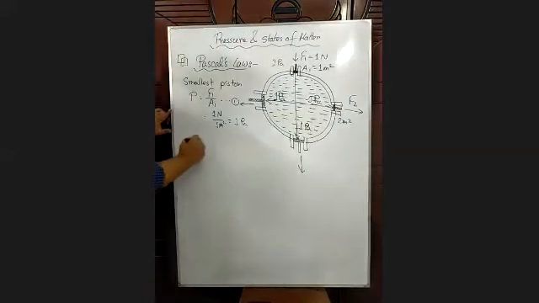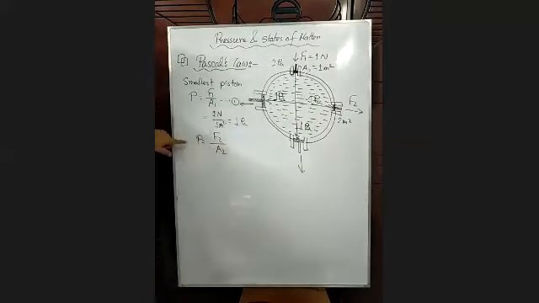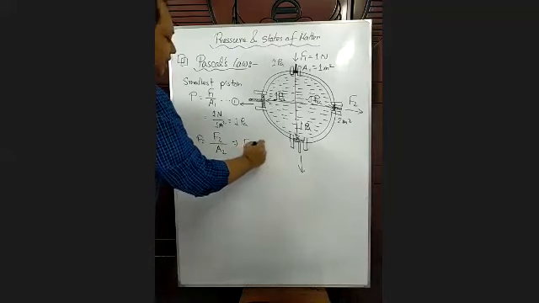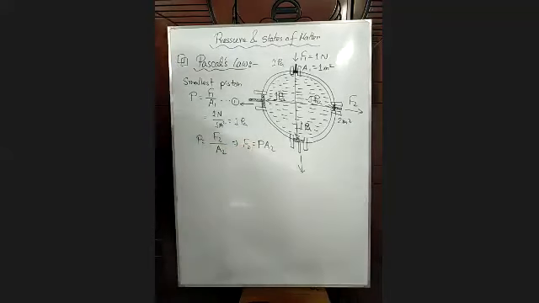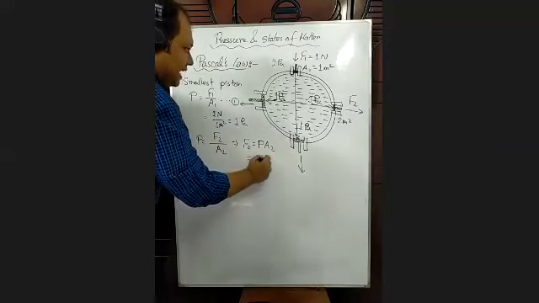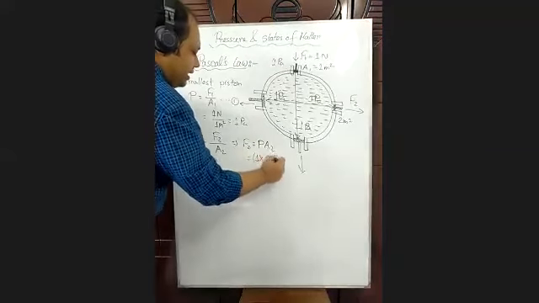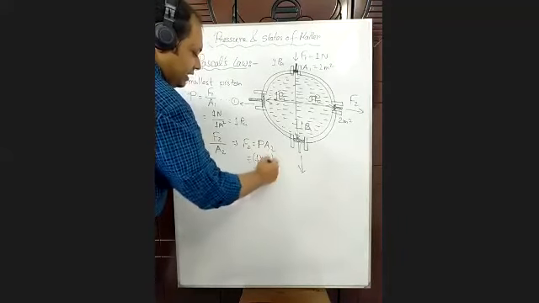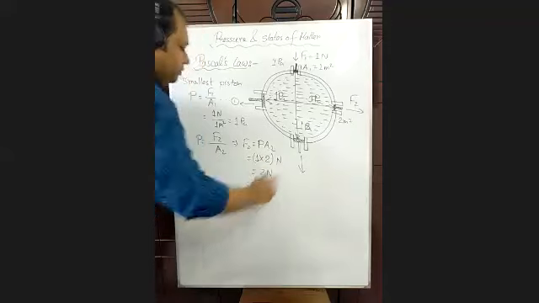How? Because I know that pressure is distributed equally, so for the second piston I can write P as F2 by A2. Therefore, I can determine the force from here, F2 as P into A2. So if I say P as 1 Pascal and A2 as 2 meter square, then I get 2 Newton.